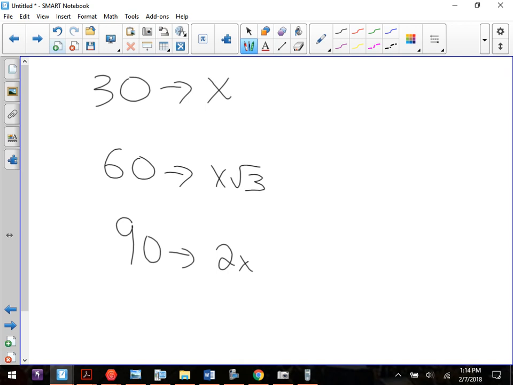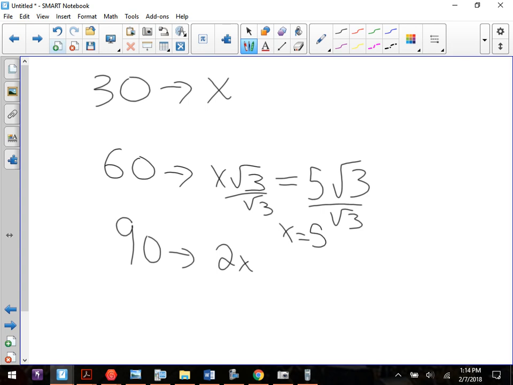And then I know across from which angle? The 60. So I set equal to the x times the square root of 3, in this case, 5 root 3. How do you undo multiplying by the square root of 3? You divide by the square root of 3. Which means in this case, x is going to equal 5.